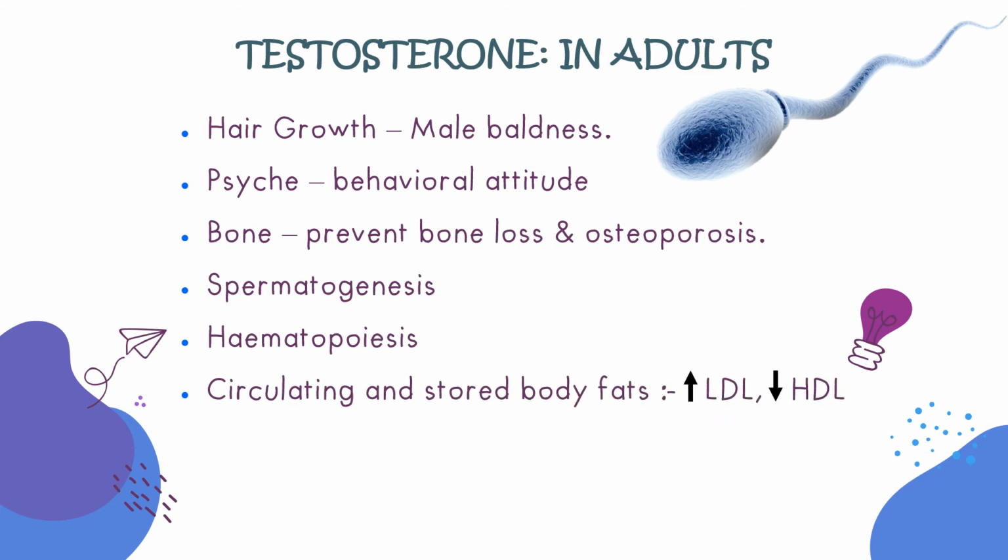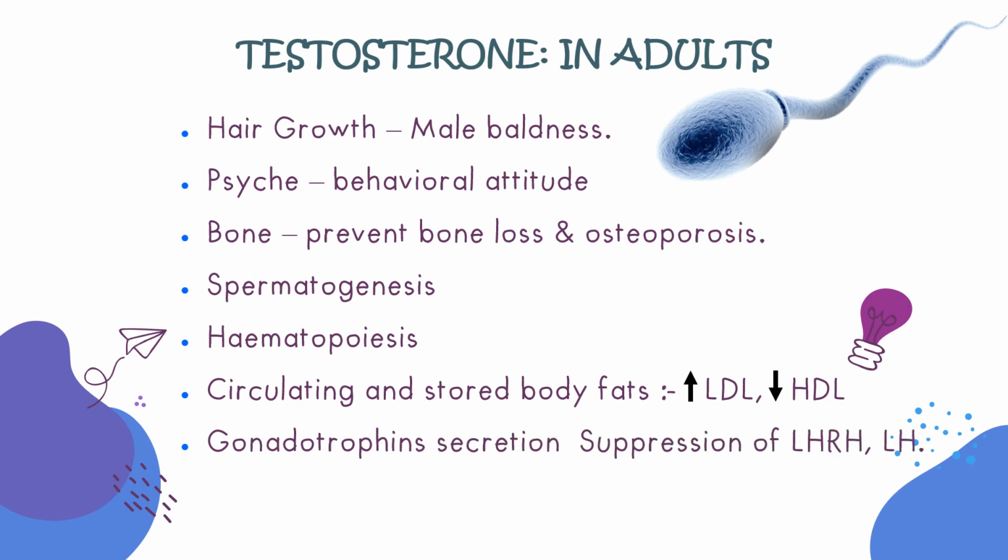Effect on circulating lipids and stored body fats: testosterone increases the circulating levels of low density lipoprotein cholesterol and decreases the plasma high density lipoprotein cholesterol. So testosterone favors accumulation of upper body, abdominal and visceral fat.